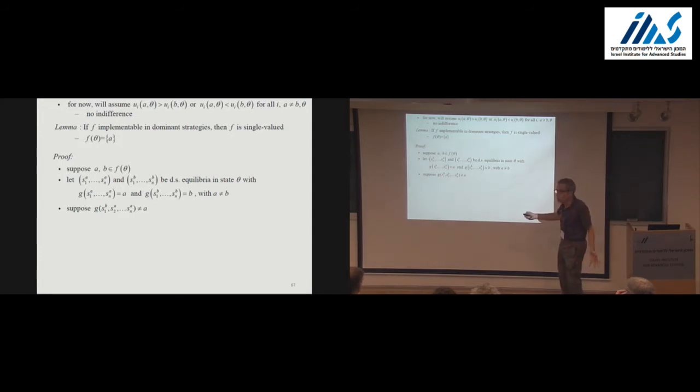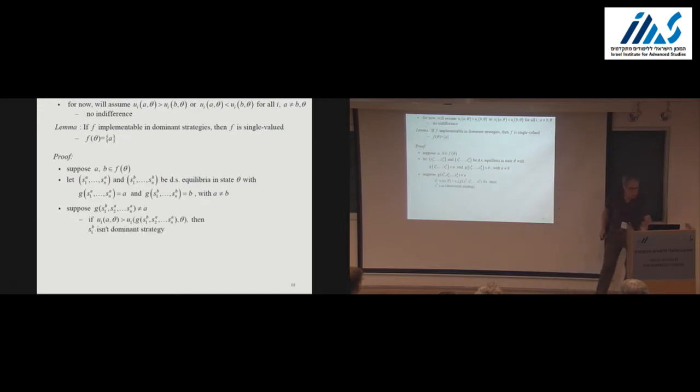That is, player 1 is using the dominant strategy for B, and the others are using the dominant strategy for A. Well, if the outcome of the mechanism is not A, then we have a problem. Because if individual 1 prefers A to this outcome, then he would never use s_1^B.